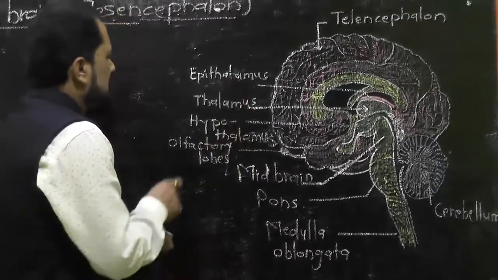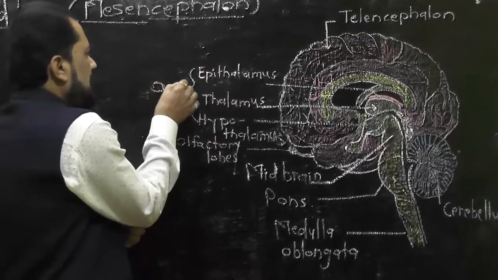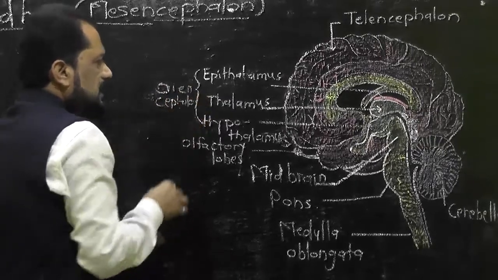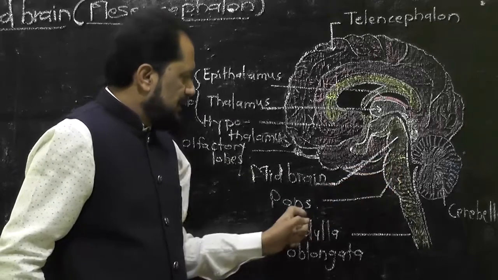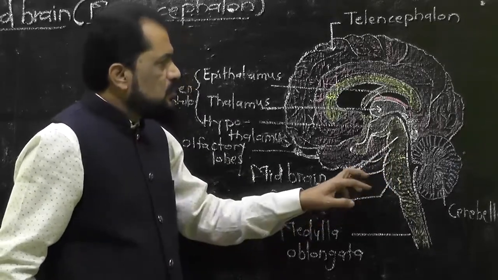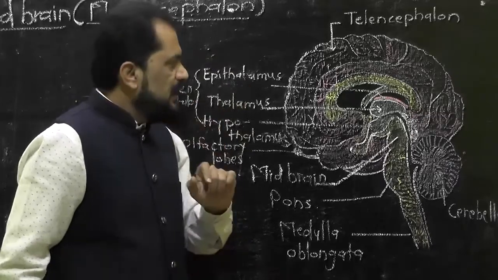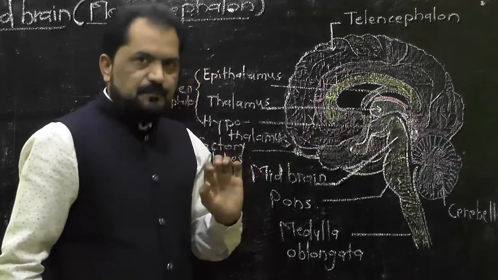Epithalamus, thalamus and hypothalamus together represent the diencephalon, and this slightly bulged part is pons varolii. So I said the midbrain is present in between the diencephalon and pons varolii.